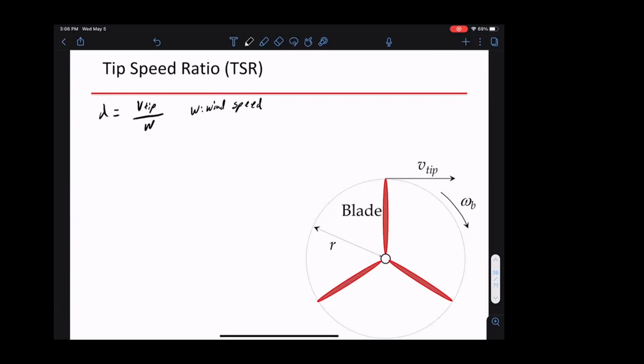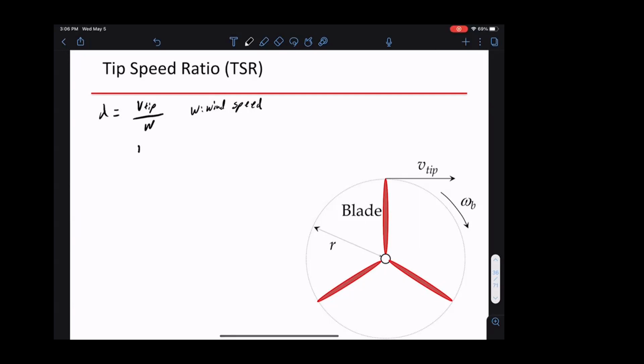This number is easy to measure because it only requires us to measure the wind speed, which is a lot simpler than measuring the wind velocity. Getting the direction of wind is much harder than just measuring the speed. Wind speed is something we can measure. The speed of the tip of the blades is also easy to measure and easy to calculate.